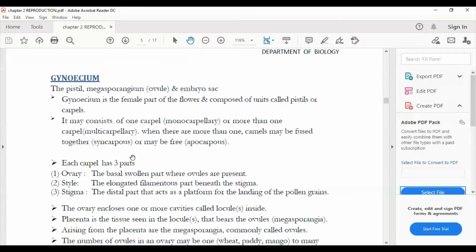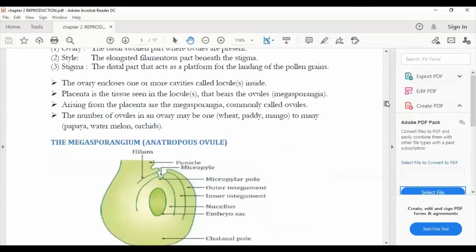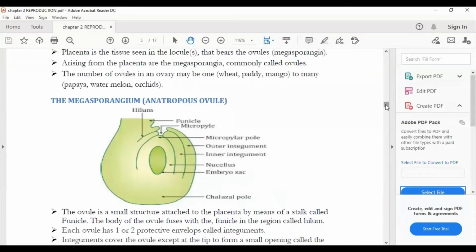Under each carpel, there are 3 parts, that is ovary, style, and stigma. So this would be the overall explanation about the carpel or pistil. Moving on to the ovule, which is present inside. This is also called an anatropous ovule.